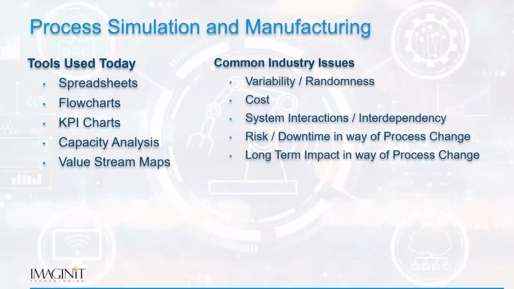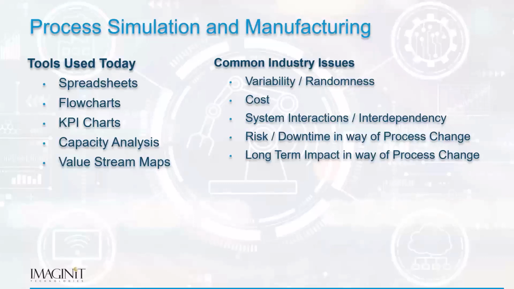So what tools are we currently utilizing today to document our processes? Many manufacturers use basic tools like spreadsheets or flowcharts or key performance indicators or capacity calculations. But all of these tools fall well short of the capabilities required to accurately depict a real-world system. These tools do not account for variability in time or randomness in distributions.